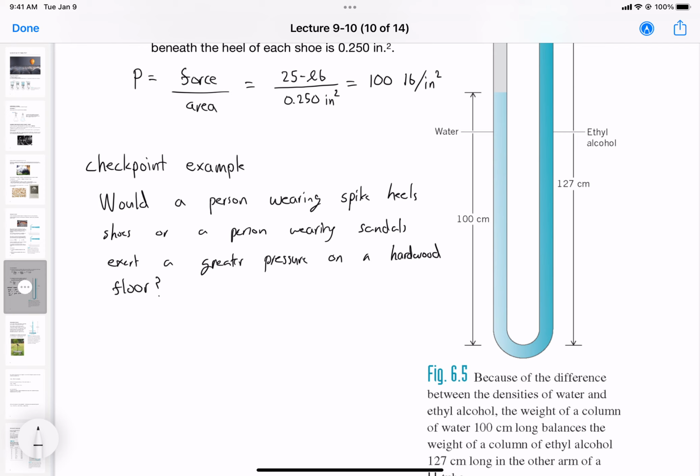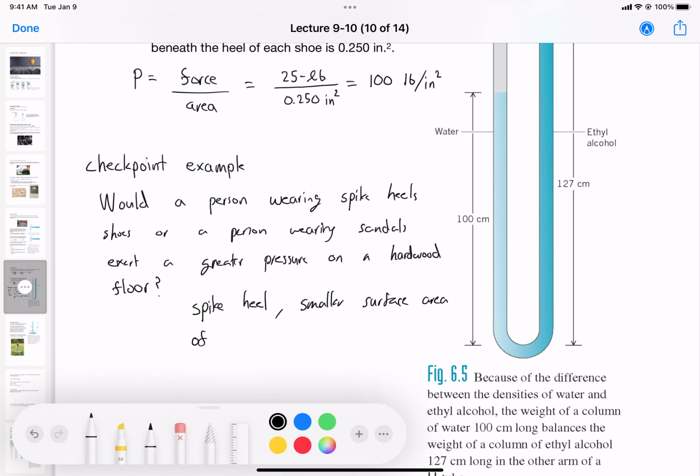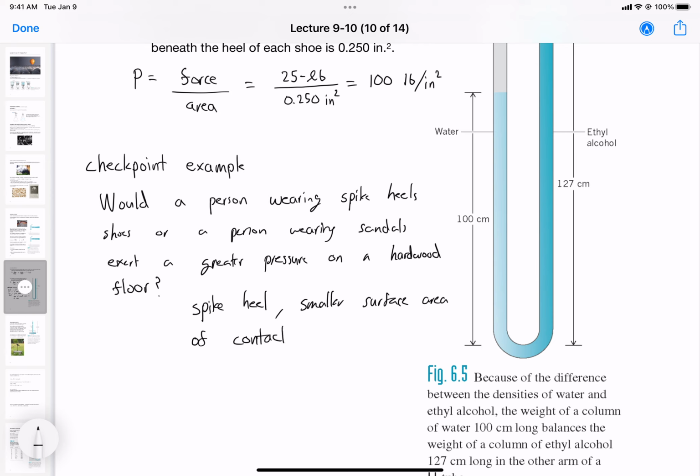So in this case, it would be a spike heel, and we could say smaller surface area of contact. Whereas in the sandal, you have full contact with the surface of the sandal, so that area is going to be much bigger, so the pressure exerted is much smaller.